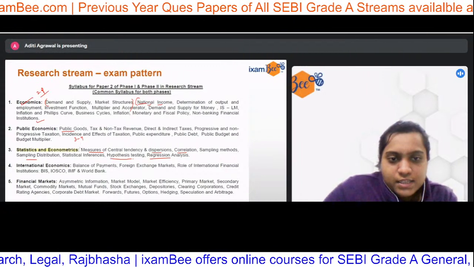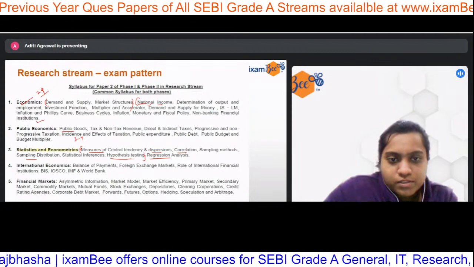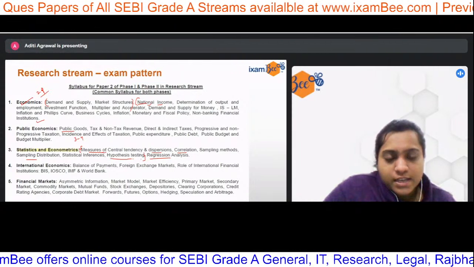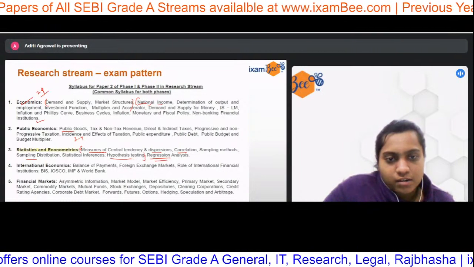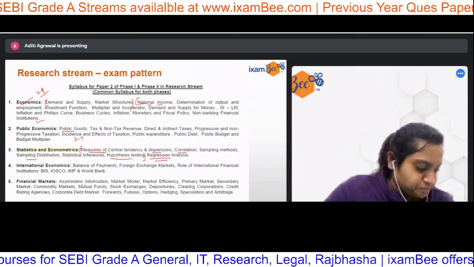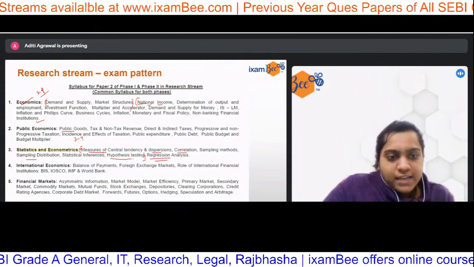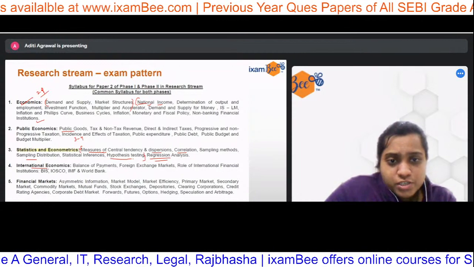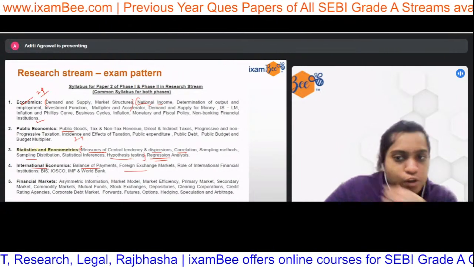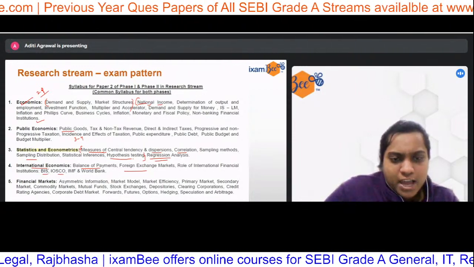Basically, these tools of statistics, you first learn in statistics, measures of central tendency, dispersion, correlation, and then these are applied in the econometrics portion while doing regression analysis. And in the international economics section, we have balance of payments, forex exchange markets, and the role of international financial institutions: BIS, IOSCO, IMF, and World Bank.